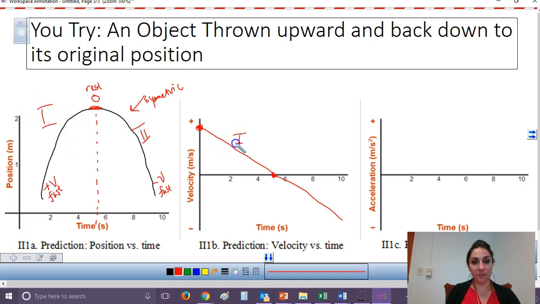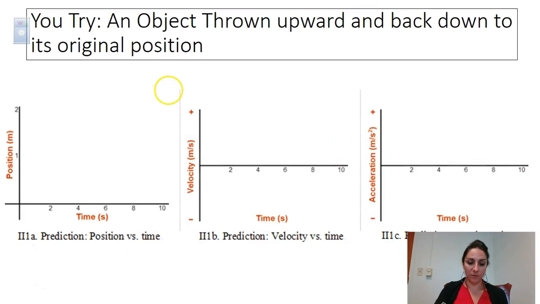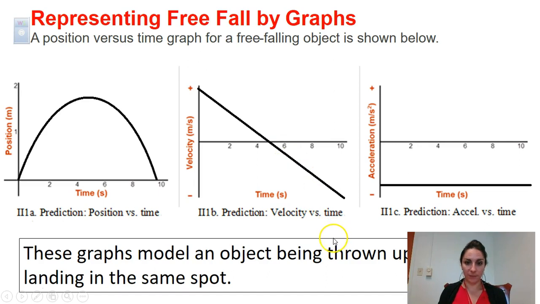So this slope, if you notice, is the same as that slope, conveniently because it's the same acceleration here. So this is what an object's graph looks like if you throw it up and then have it come back down just like that. So I have a better drawing here.